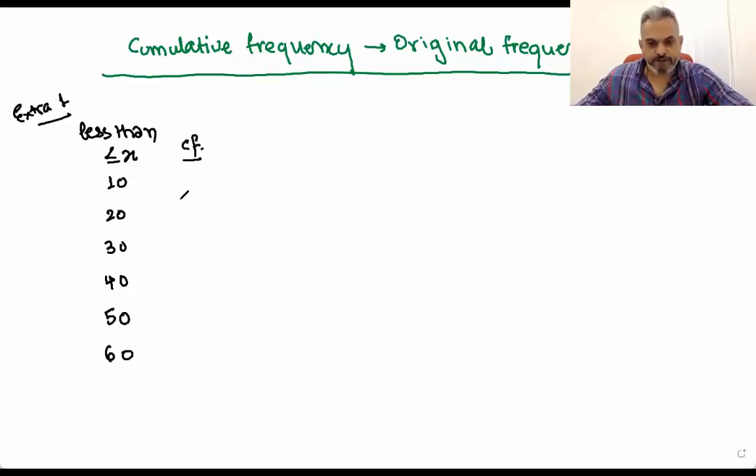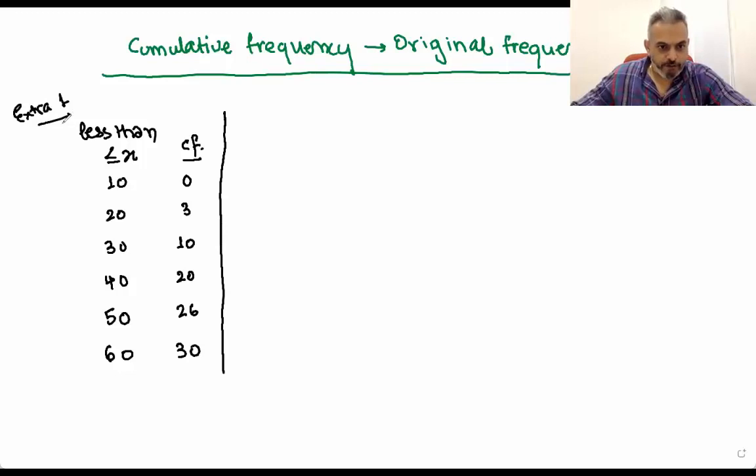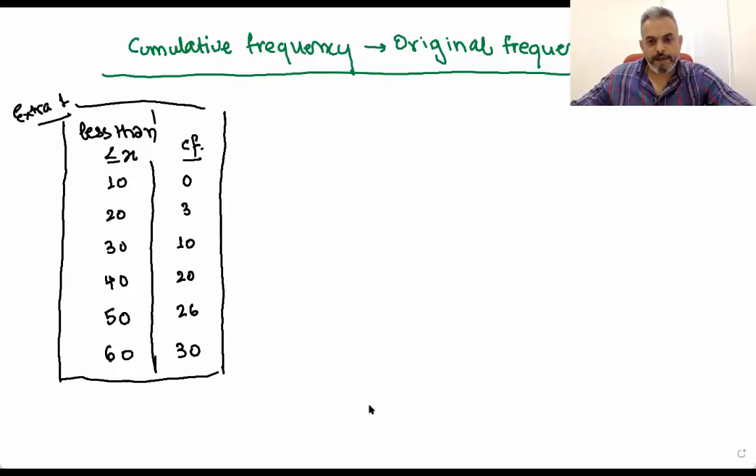Cumulative frequency 0, 3, 10, 20, 26, 30. Now this type of question is given to you. Now from this type of question, we have to prepare an original frequency distribution.